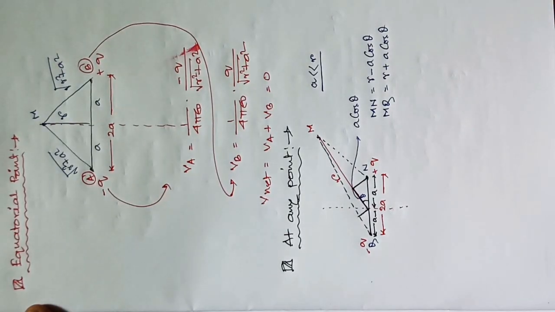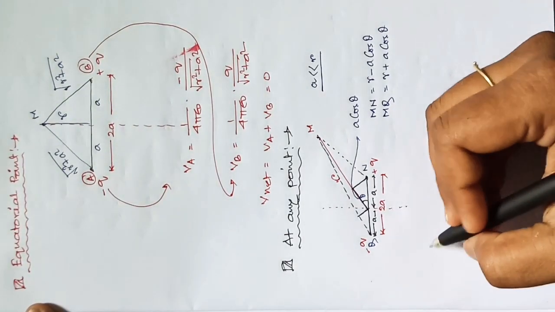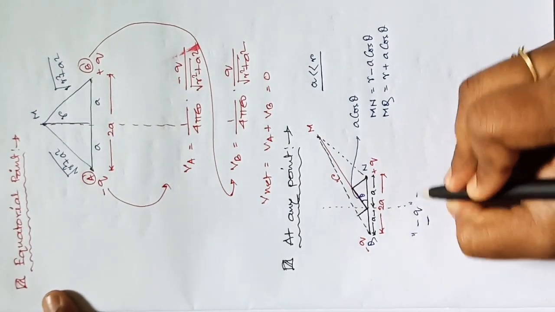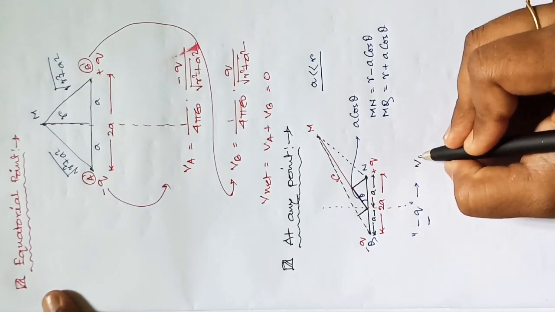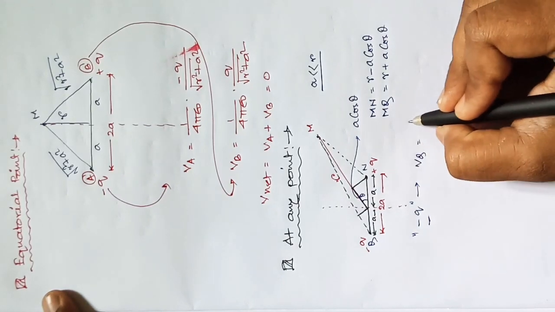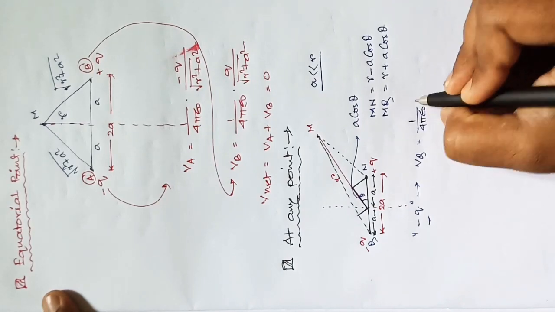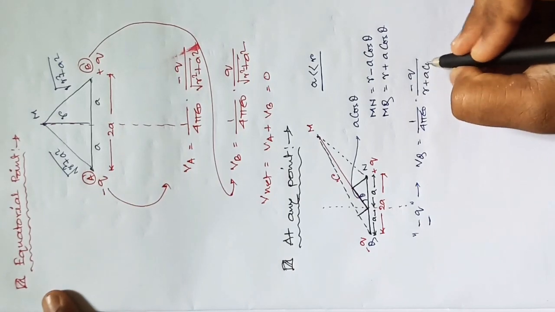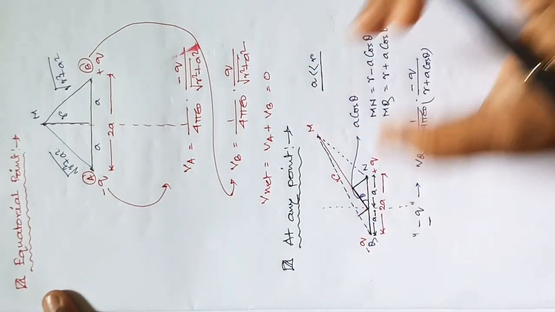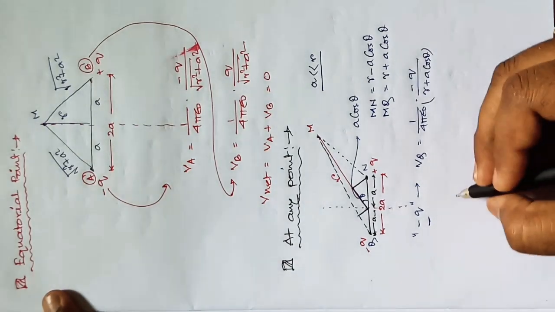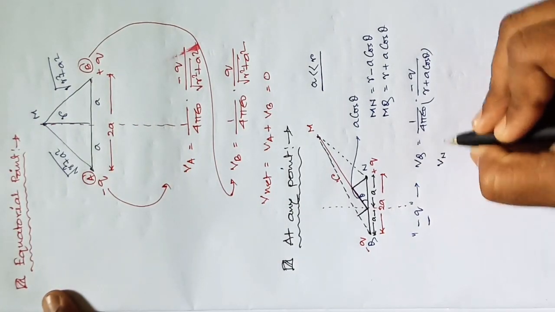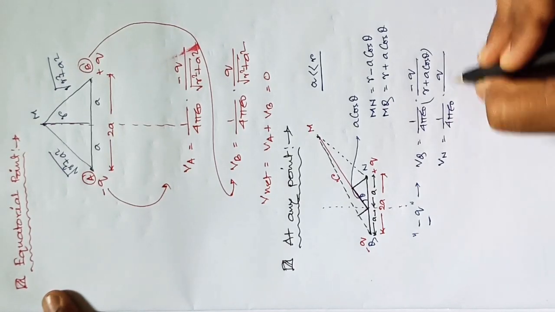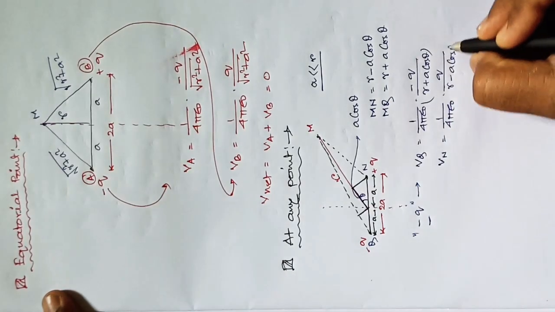These are the two things which you should understand properly. So for this minus q charge, the electric potential, I'm just writing as VQ, will be 1 by 4 pi epsilon naught minus q by r plus a cos theta, because this distance MQ is r plus a cos theta. And similarly VN will be 1 by 4 pi epsilon naught q by r minus a cos theta.